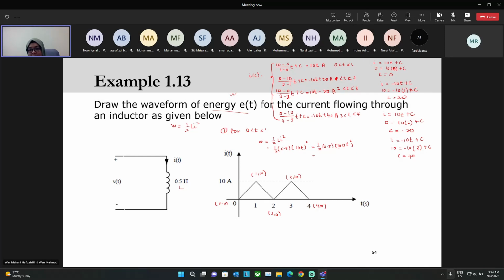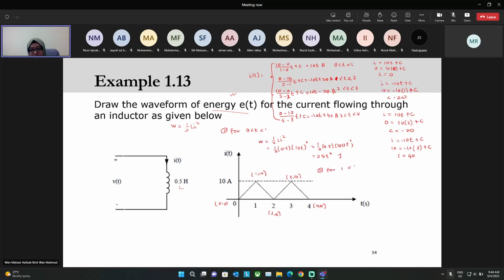Okay. So ni 50 bagi 2, 25 lah. 25 T kuasa 2 Joule. Okay. Ini equationsnya untuk 0 ke 1.